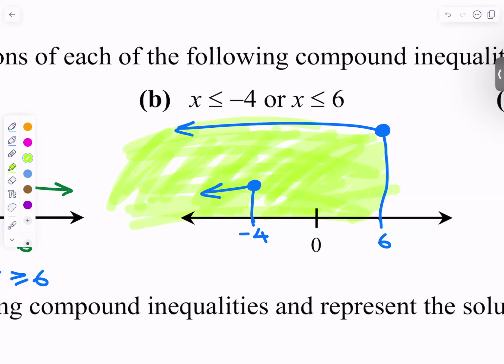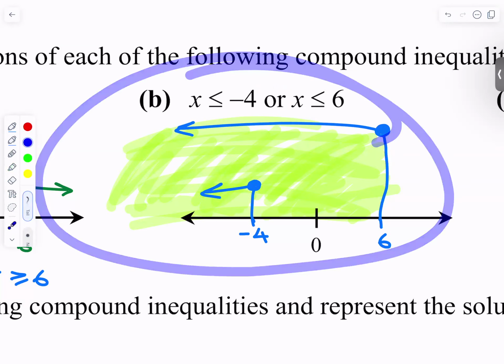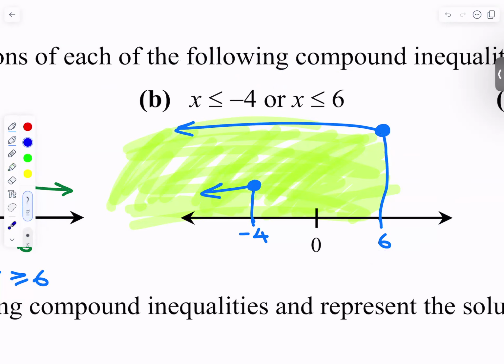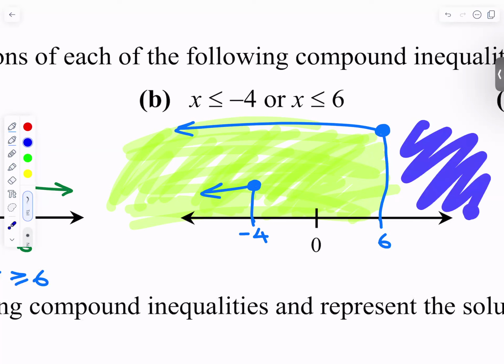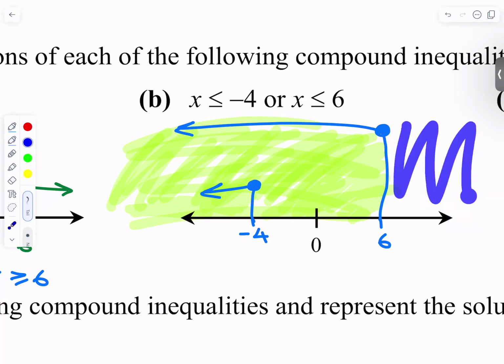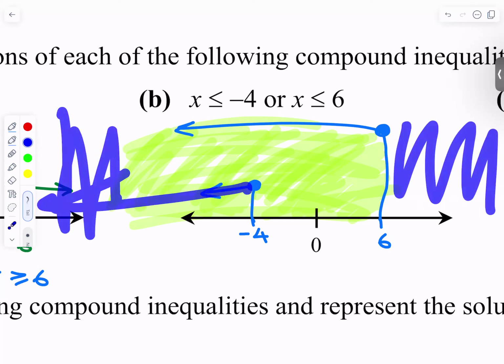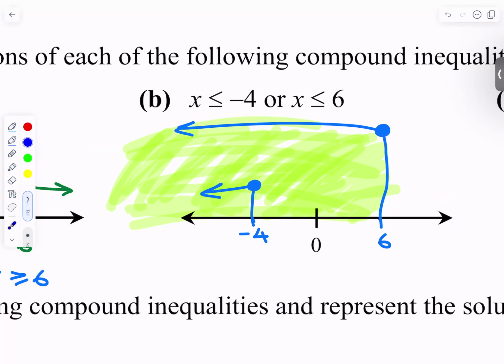After everything is shaded, all your answers are shaded. Then you need to check where everything is starting from. Everything is starting from this 6. Can I have this part after 6 as the answer? No, because there's no solution there. Can I have this side? Yes, because both of them will be coming to there in the end.